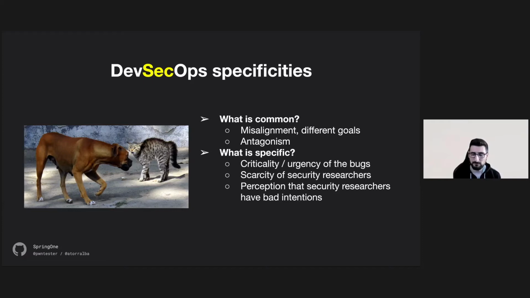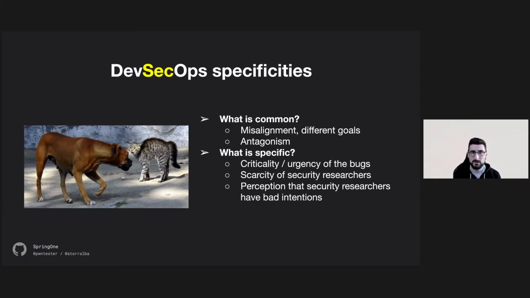There's also a third specific problem, which is the bad reputation that some security experts or hackers have, especially in open source environments. You as an open source maintainer don't look with the same eyes to someone who is contributing code to your code base or fixing bugs, someone who's helping you, compared to someone who is just hacking your stuff and pointing fingers at you and saying, you have this issue, you need to fix it, or you will get hacked.